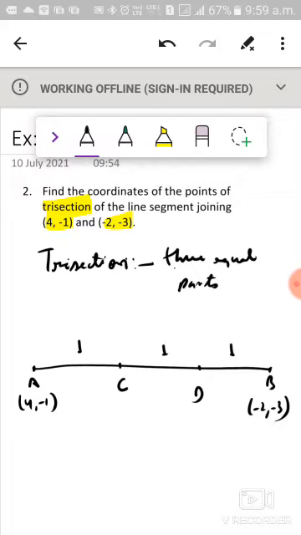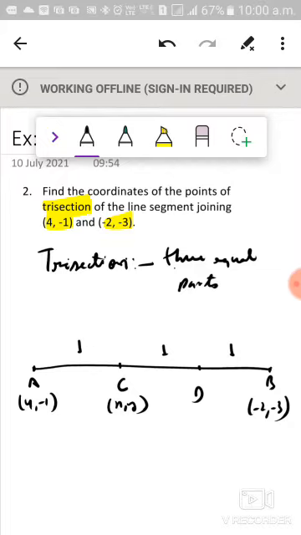So here what we will do, we'll find either C first or D. Let us find C. What are the coordinates of C first? For the time being, you just forget that D is here. If C is the point and we are going to find the coordinates of C, let us say the coordinates of C are x comma y.